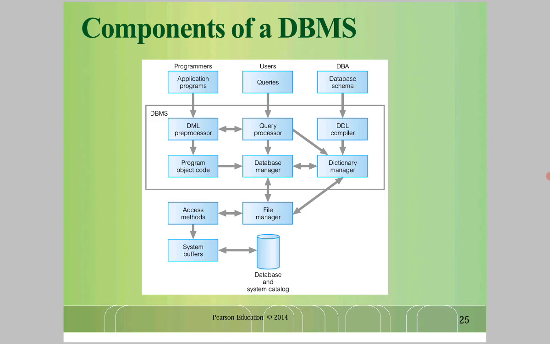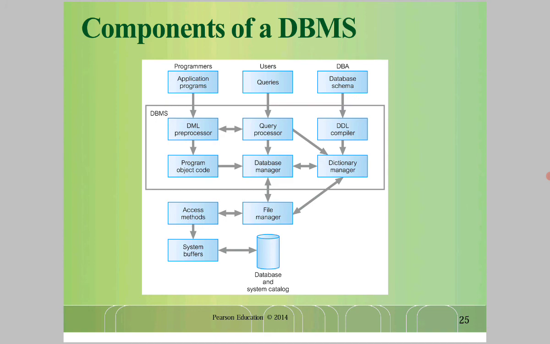The database manager is overall responsible for the maintenance of the databases. The dictionary manager maintains every term of the database, tables, and schemas. In the last level, access methods, file manager, system buffers, and databases and system catalogs are used.